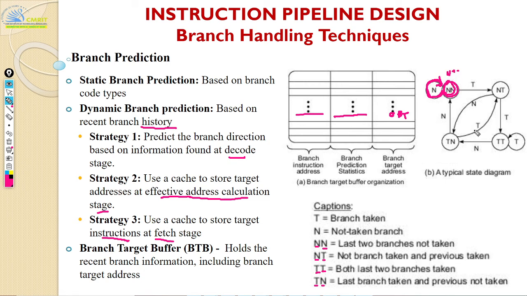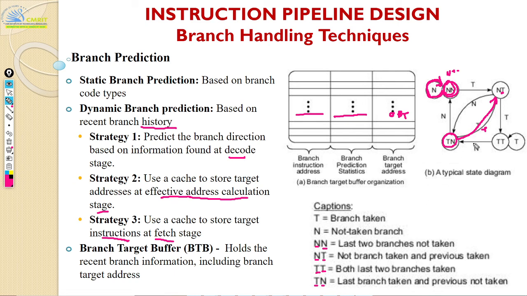Similarly, let us say the last one is taken and the previous one is not taken, but this time it is taken, then you change the state. You go to last one not taken but the previous one is taken. So the idea is you go from one state to another.